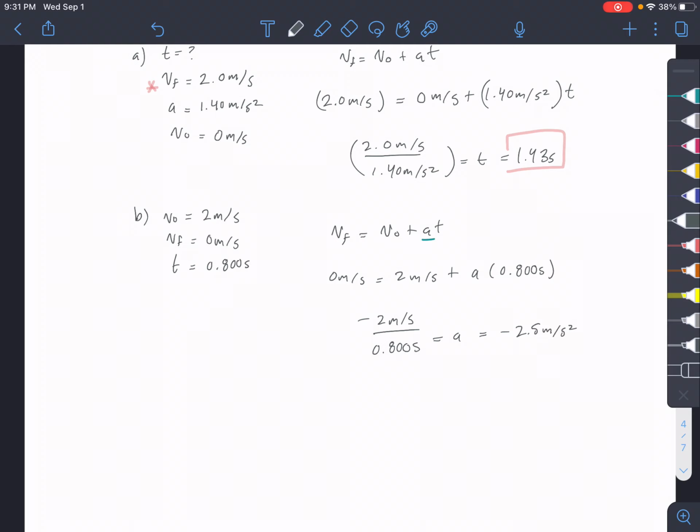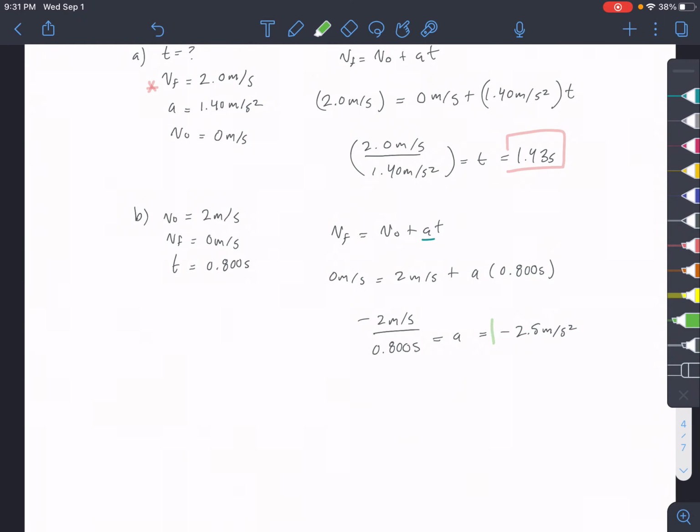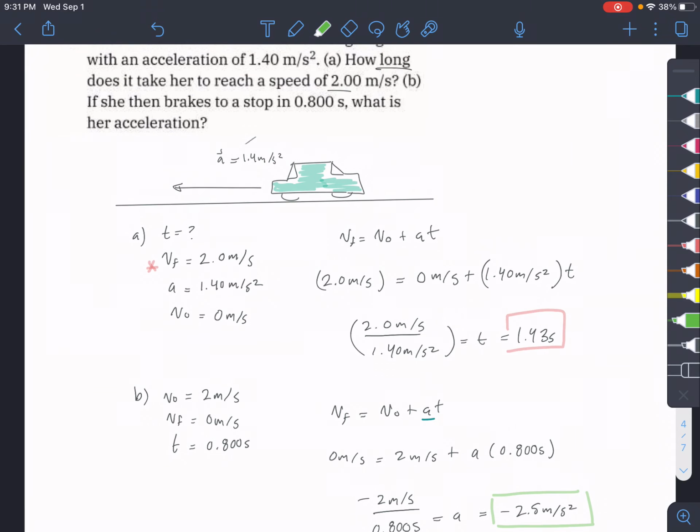This answer makes sense, so let's do the does-this-make-sense check. If I go back to my figure, this makes sense. I'm trying to decelerate. I'm moving back, I've got my speed, and I want to hit my brakes, slow down and stop.